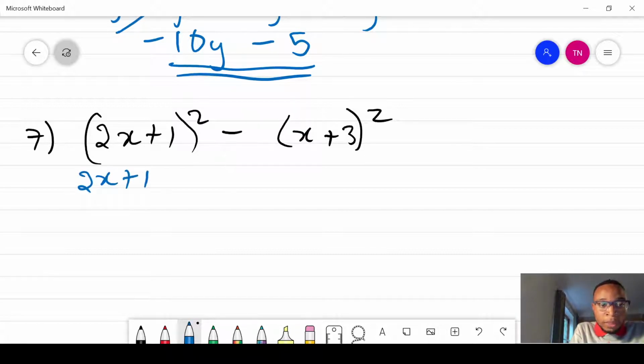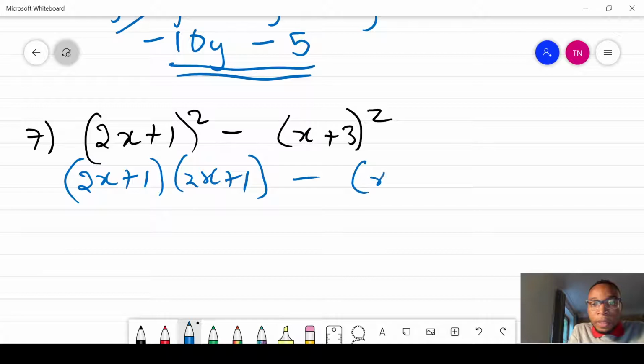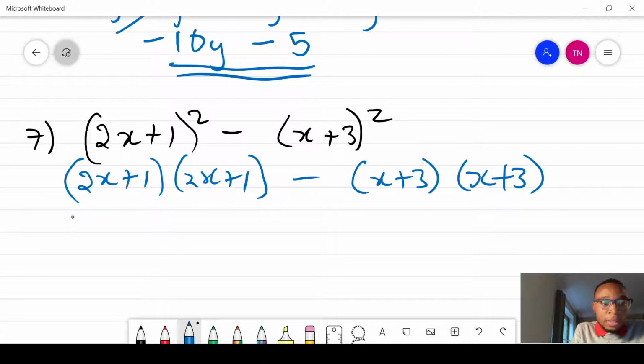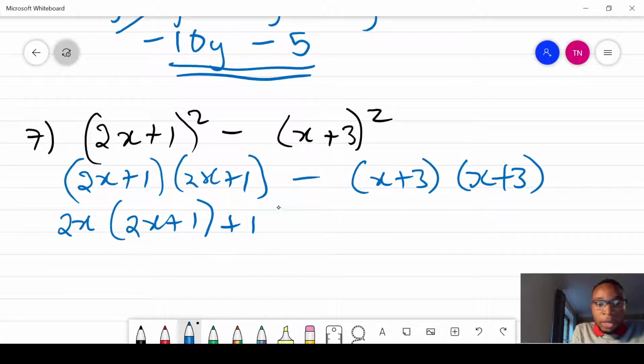So we have 2x plus 1 and 2x plus 1. So that is what the squared sign means, minus x plus 3, then becomes x plus 3. So that is what the squared sign means. So we just expand these. That becomes 2x multiplying 2x plus 1, then we're going to have 1 multiplying 2x plus 1, then we're going to have minus.